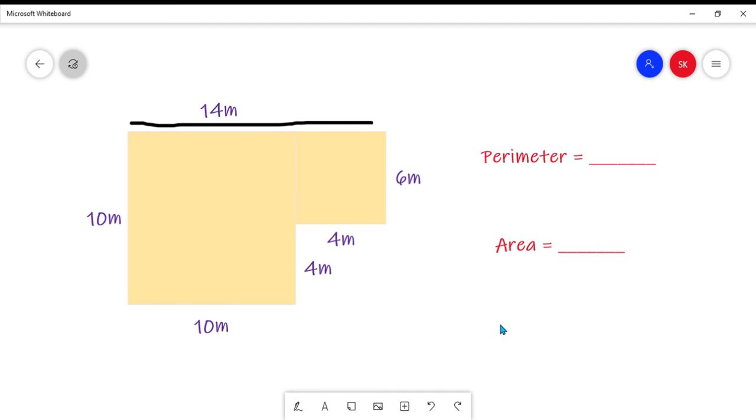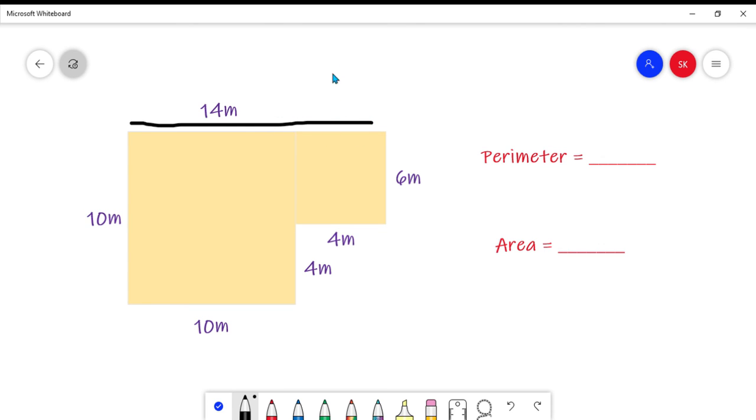Okay, so hopefully you had a go at that. If you're still struggling, I'll help you explain. Perimeter is slightly less tricky. Area's the more tricky one, but overall they're not too hard to understand.